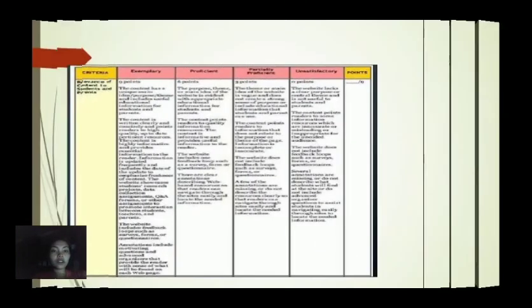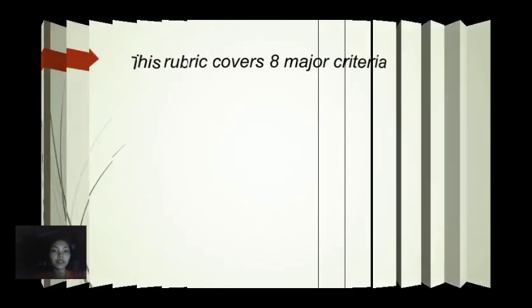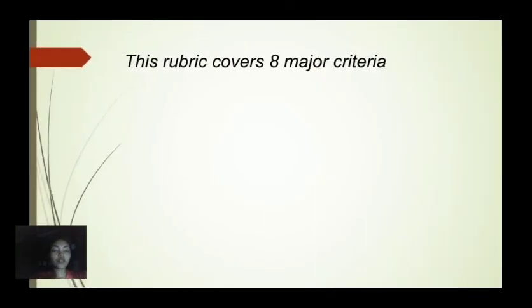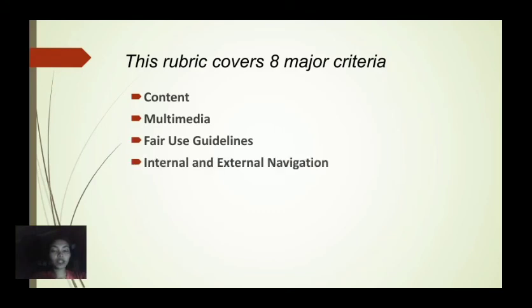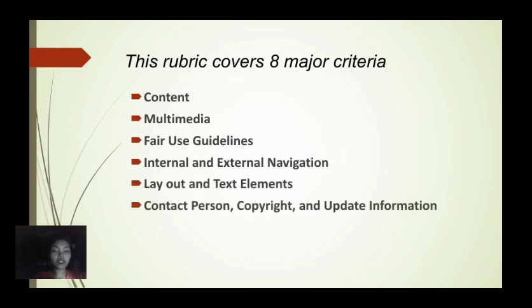Here is the rubric, and this rubric covers 8 major criteria, which are content, multimedia, fair use guidelines, internal and external navigation, layout and text elements, contact person, copyright and update information, speed of web pages, and writing mechanics.